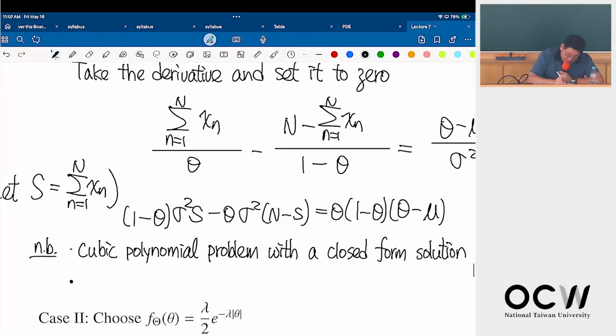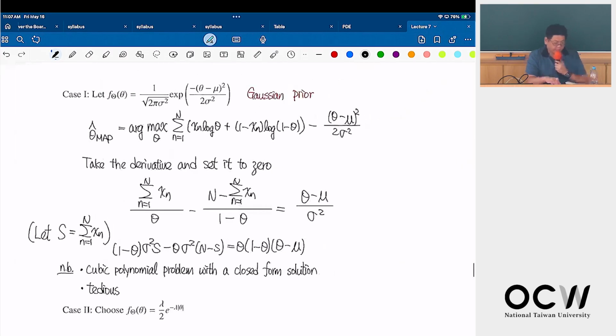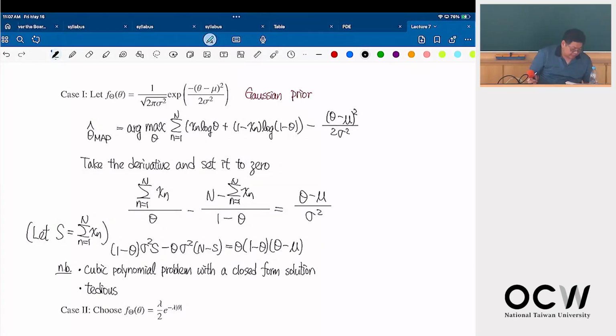But you can see that it is so tedious. So maybe this prior is not good. Then we choose another prior.